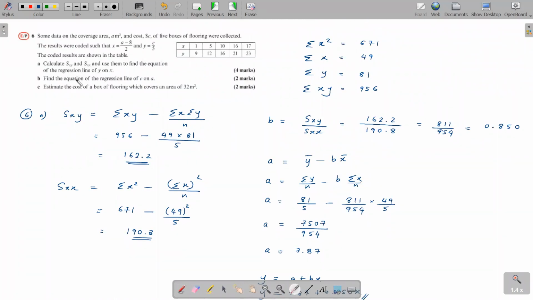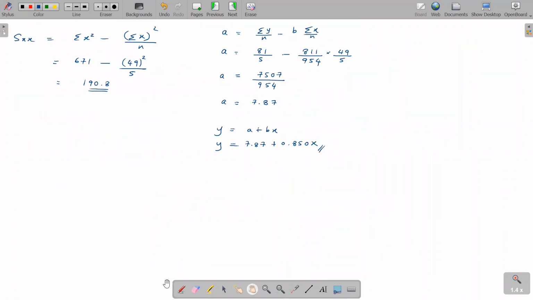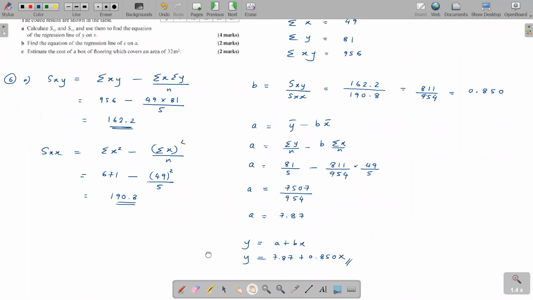Okay. So part b, find the equation of the regression line of c on a. How do you get c on a, guys? So what do you do to get c on a? Guys, you need to replace. x is (a minus 8) over 2. y is c over 5. So simply replace. So this is part b, right?